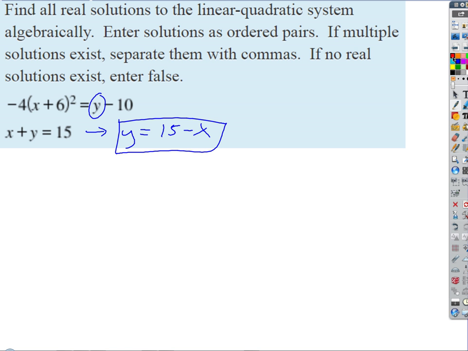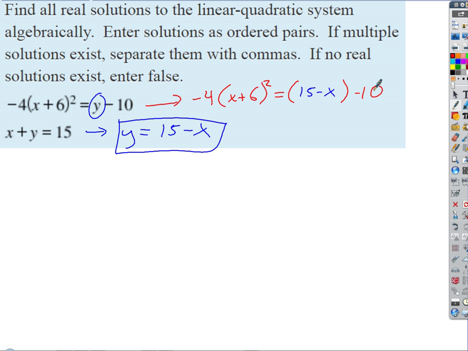So what do we get then? So the top equation becomes negative 4 times the quantity x plus 6 squared equals y, which remember is going to be 15 minus x, minus 10.